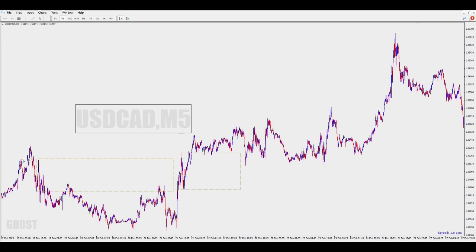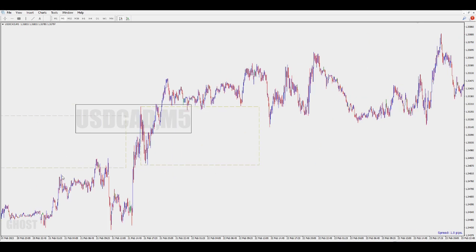So what we did is we identified the zone, right? Then we wait for the zone to form, and then, as we said before, we're looking into what the upper side or the lower side, depending on if it's an uptrend or downtrend. In this case, it's this area right here.